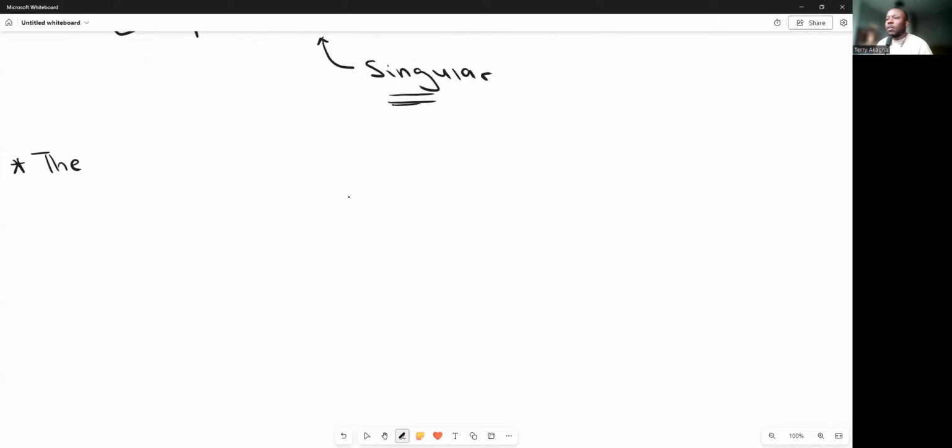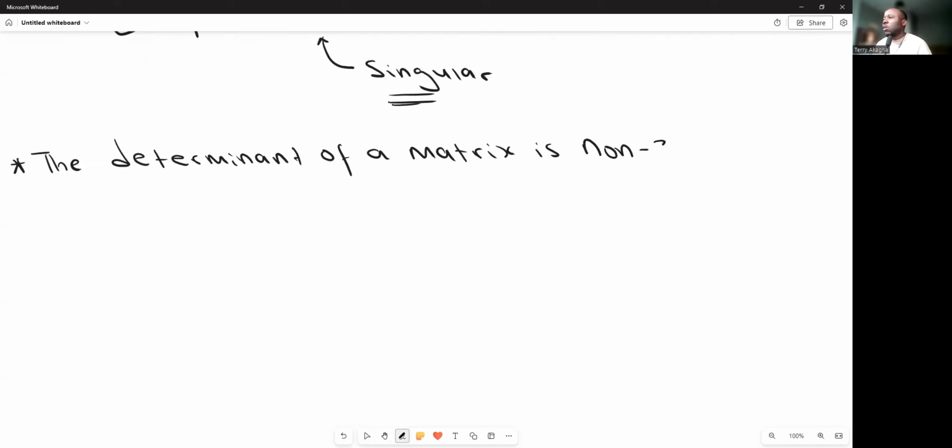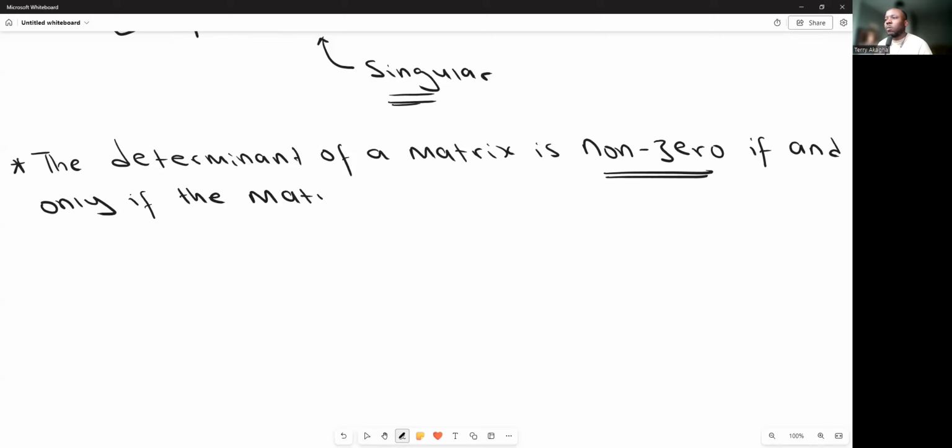So the determinant of a matrix is non-zero if and only if the matrix is invertible.